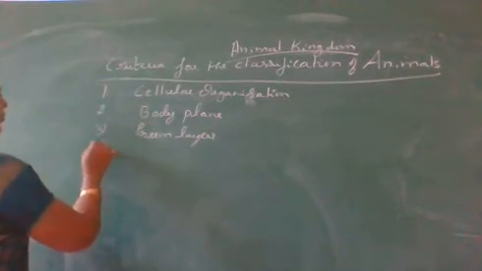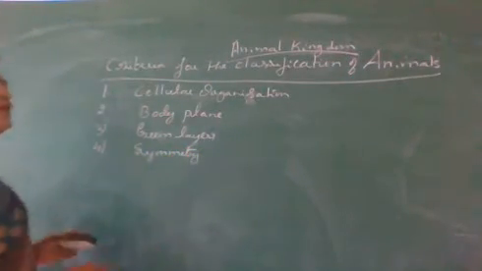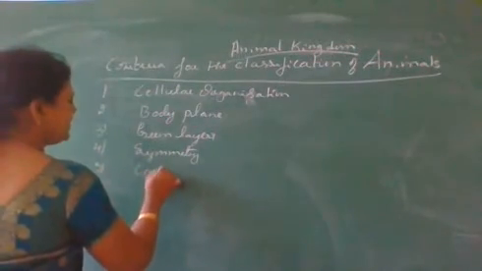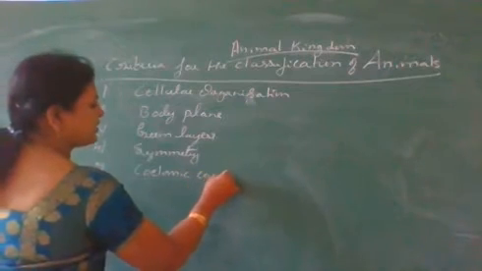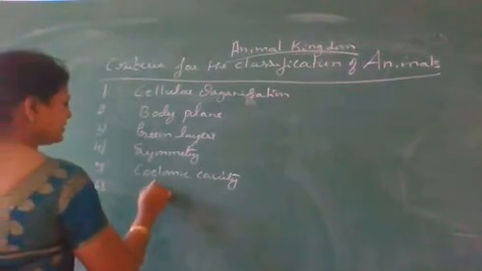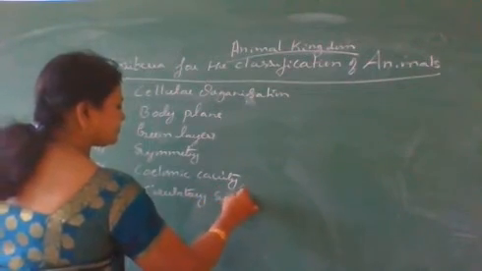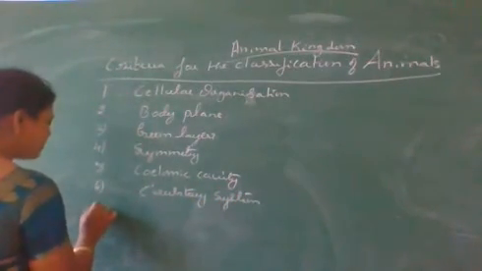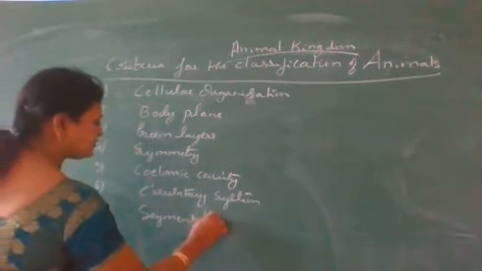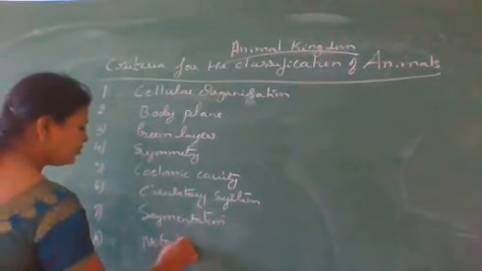And the fourth one is based on symmetry of the animals. Then based on coelomic cavity, based on circulatory system, based on segmentation, then based on the presence of notochord.